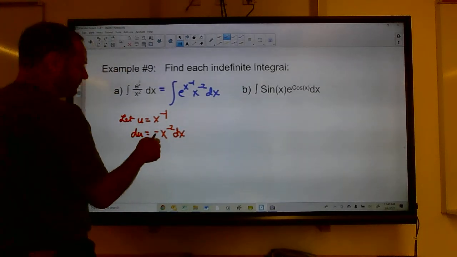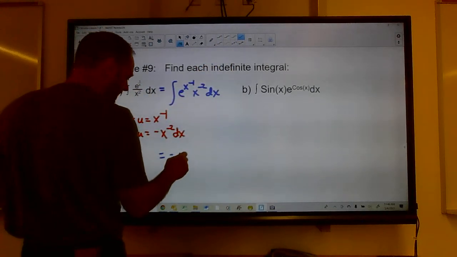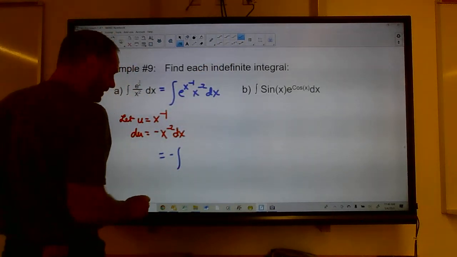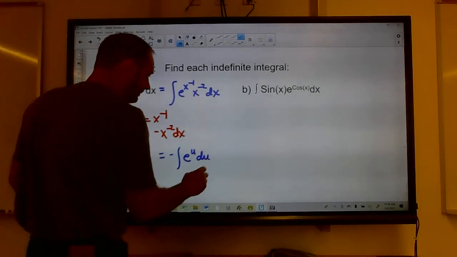All right, so I just have to deal with the negative here. So I can rewrite this equation as negative the integral e to the u du.